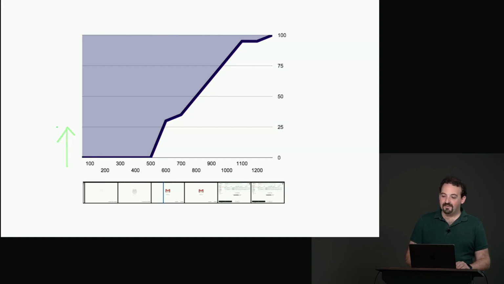The y-axis that we see here, at the right, is a percentage: how much of the final rendering was rendered at each point of the timeline. So when we start seeing a logo, we are going up on the percentage because now we see a logo. And then, of course, it's getting better over time.